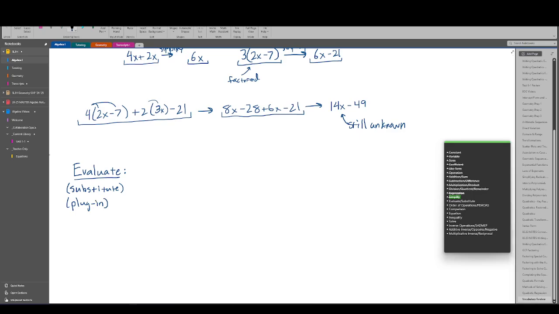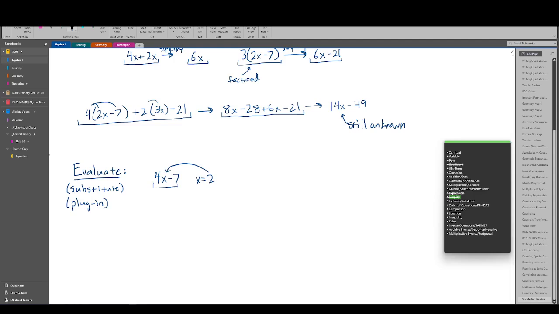So if I had an expression that says something like 4x minus 7, and I say x is equal to 2, then I can figure out what this expression is by substituting this 2 for x.